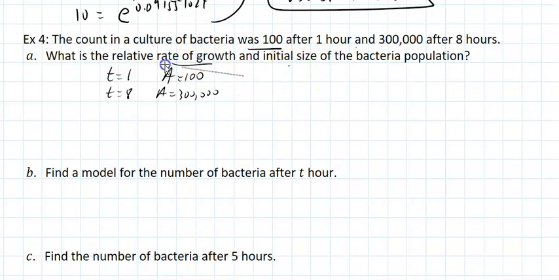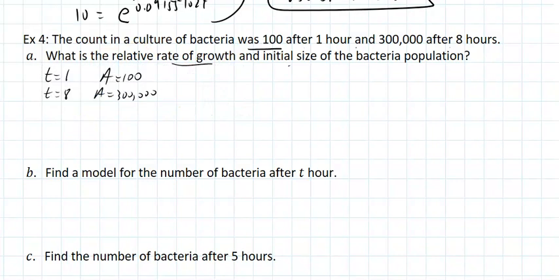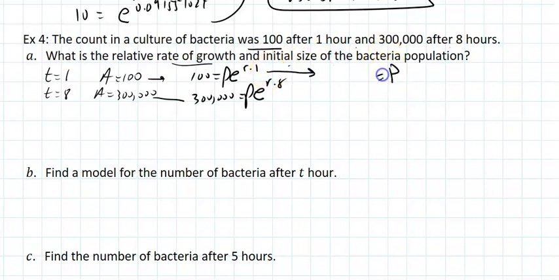Well, let's see how this works. A equals P times e to the R times 1, and if I say 300,000 equals P times e to the R times 8. Now look at the top equation. Can't I say P equals 100 over e to the R?